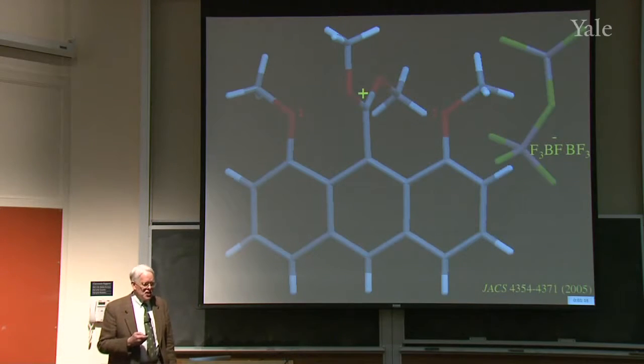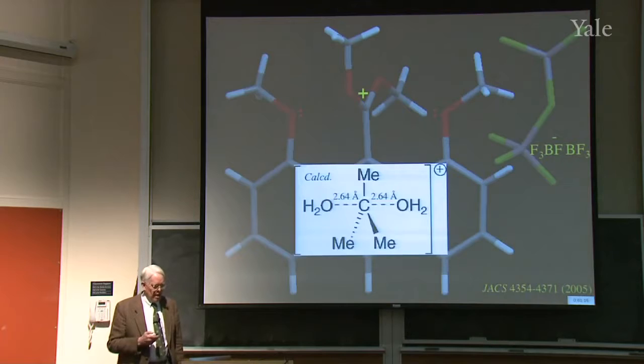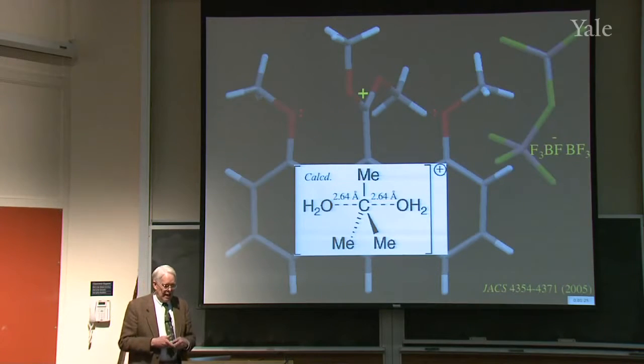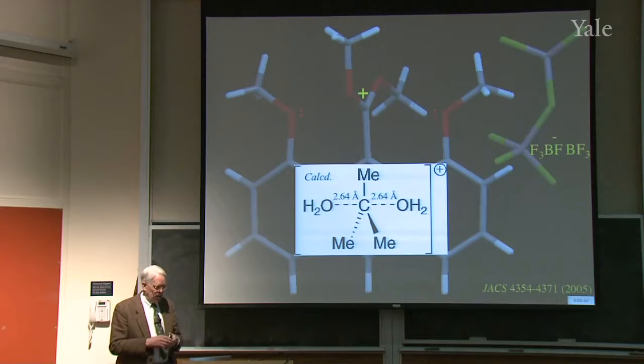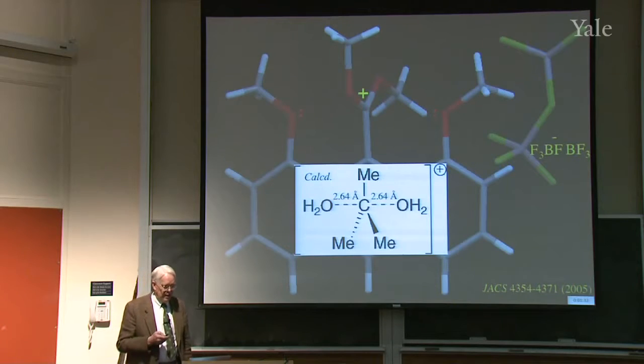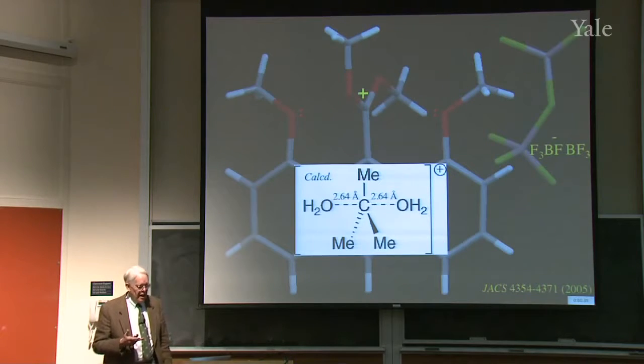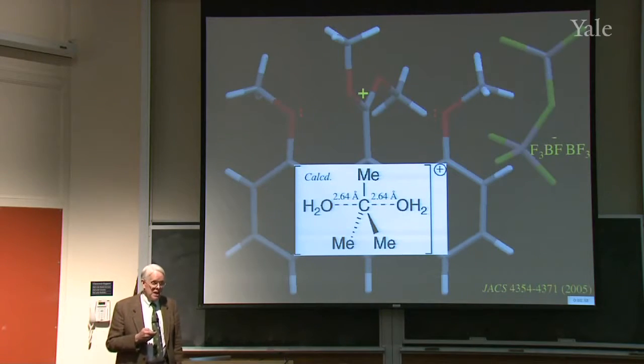So now they have the oxygens next to the central carbon, and remember, calculated when you had a cation with waters on both sides of a trivalent carbon was that at the symmetrical pentavalent, quote, geometry, it was a transition state. Okay, so if you believed in the theory, you wouldn't expect there to be stability here.